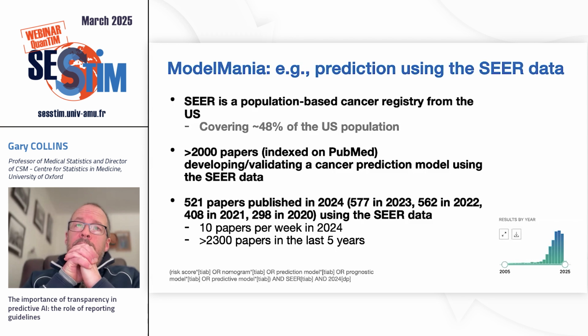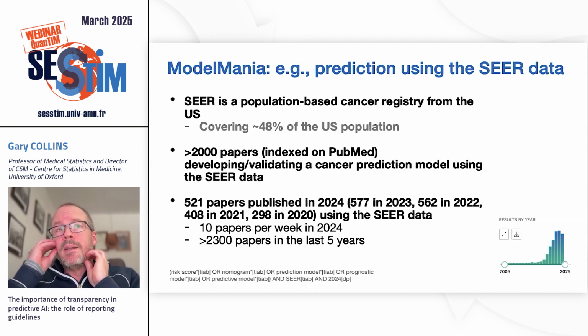And just to illustrate, I think we're in this era of model mania, which I've called model mania. Here's an example of a single data set. This is the SEER data set. This is a US-based cancer registry covering roughly 48% of the US population. So it's one data set, a cancer registry, very large, very useful resource. There are over 2,000 papers indexed on PubMed that are using just this single data set to develop or validate a cancer prediction model.